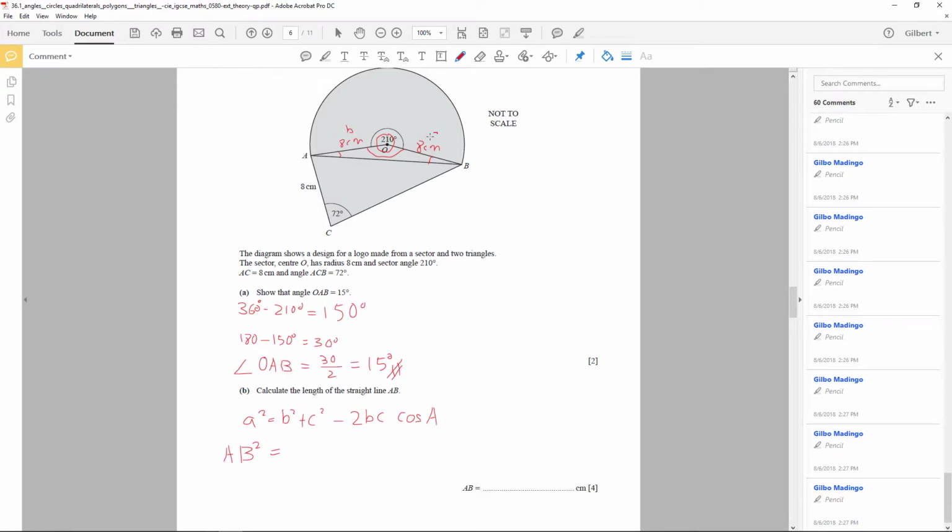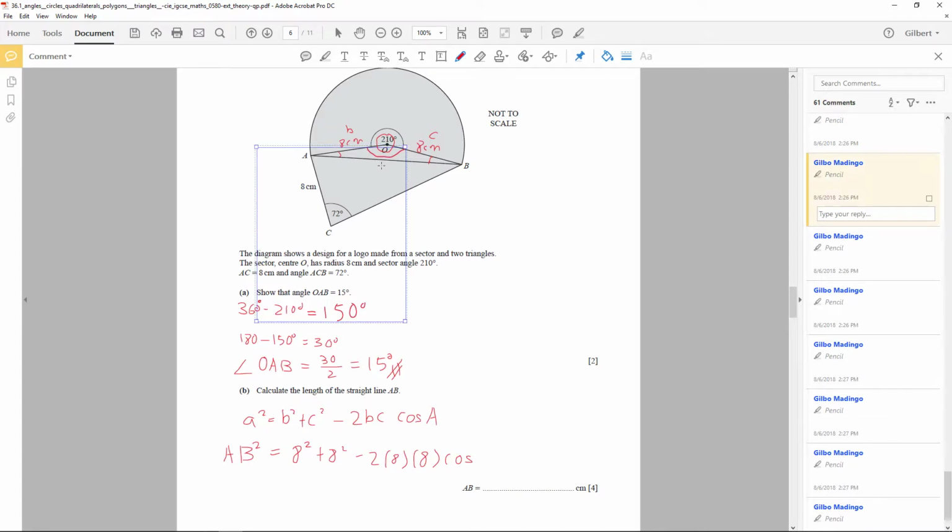This would be your b side, this would be your c side, okay? Which is the same, 8 square plus 8 square minus 2, 8, 8 cos, this angle here, 150 degrees.